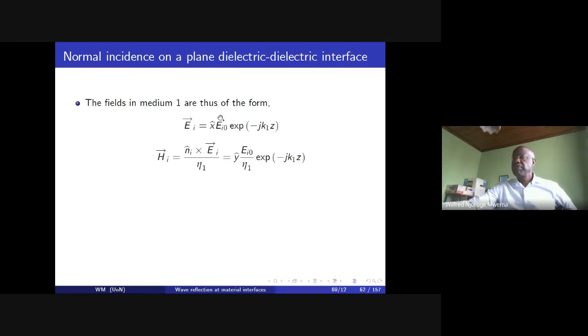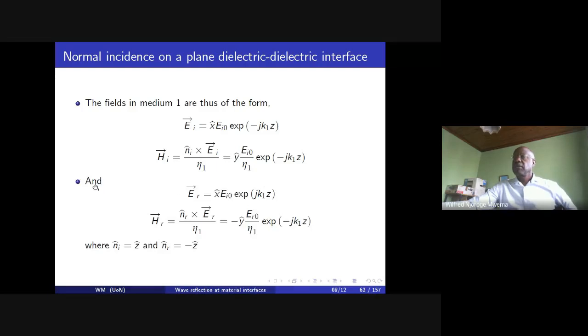So in medium 1, therefore, we have the incident parameters, that is EI and HI, as given by this equation. We also have the reflected wave with ER given by that and HR given by that. Since we are dealing with plane waves, remember we shall just have to use these values here. If we are using other types of waves, then this may be different and the equations become a little bit more weird.